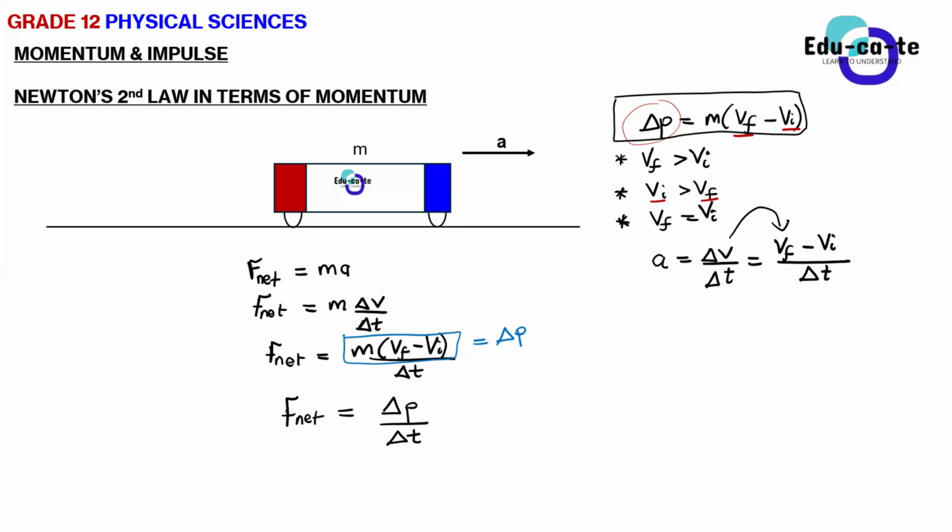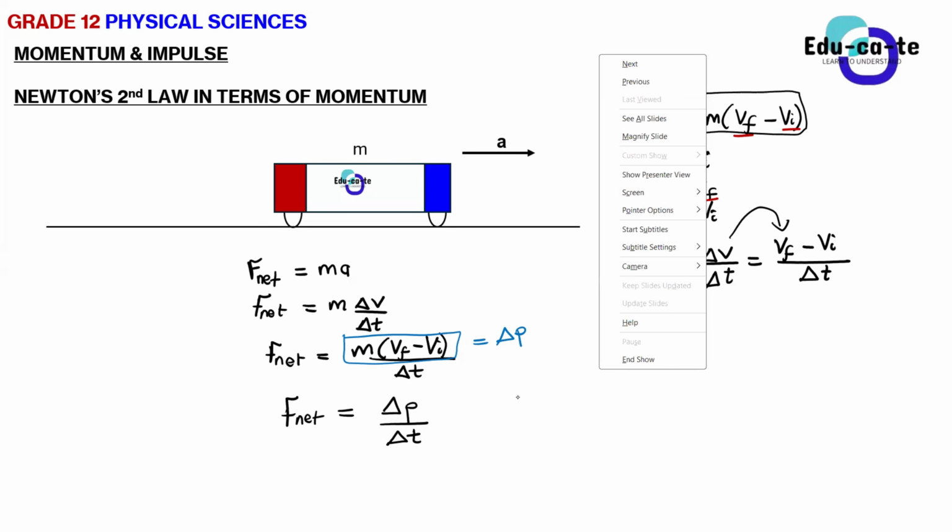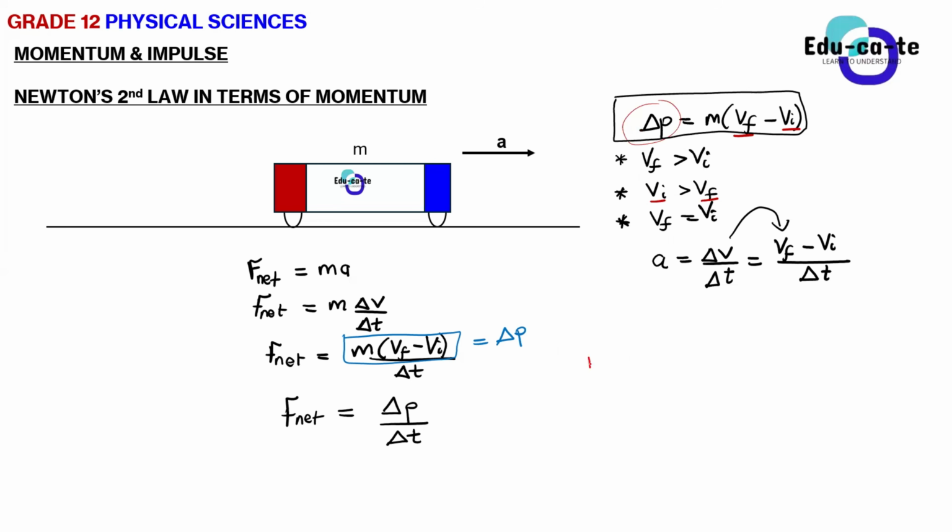She said that F net is directly proportional to the change in momentum and inversely proportional to the change in time. And on top of what she said, I added that F net is equal to the rate of change in momentum as long as it's in the direction of the net force, because I'm looking back at Newton's second law.